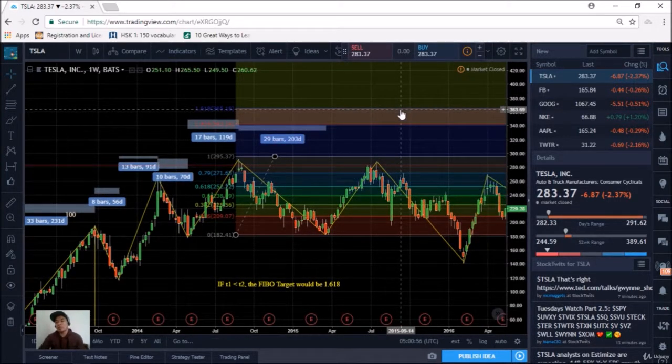Now you can see that the Fibonacci target moved from 0.618 to 1.618, which is getting harder for the buyer to achieve.